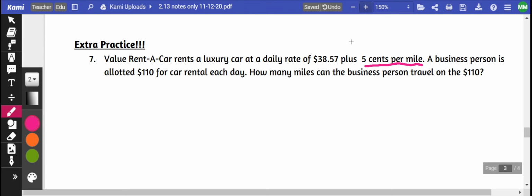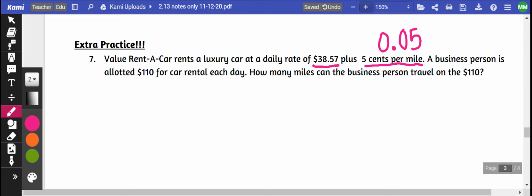And remember that if this is in dollars and cents, the 38.57, we're also going to write our 5 cents in dollars and cents. So this should be written as 0.05. A business person is allotted $110 for car rental each day. How many miles can the business person travel on $110?